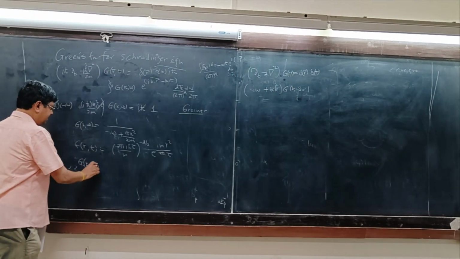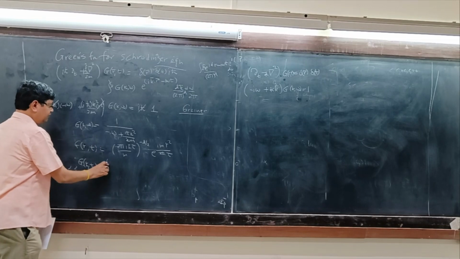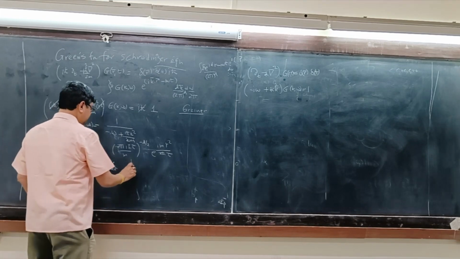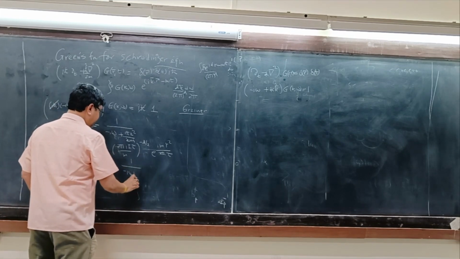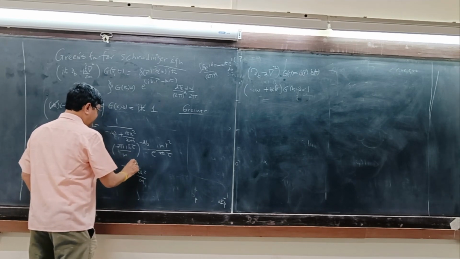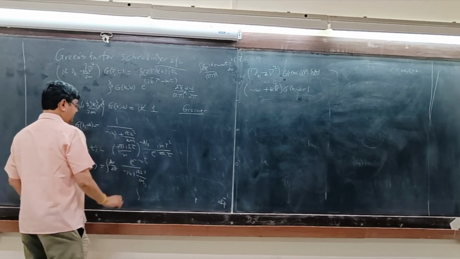First you do the time integral, so that will be d omega by 2 pi, minus omega minus h bar k squared by 2m, times e to the power minus i omega t.